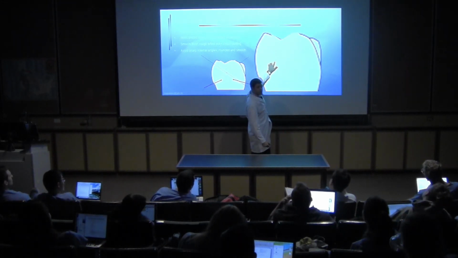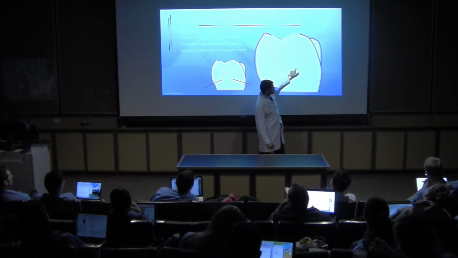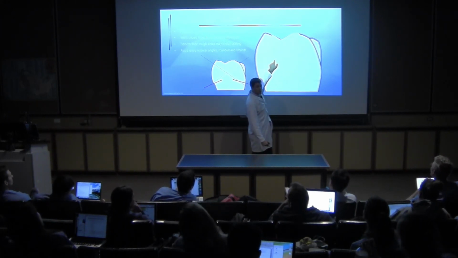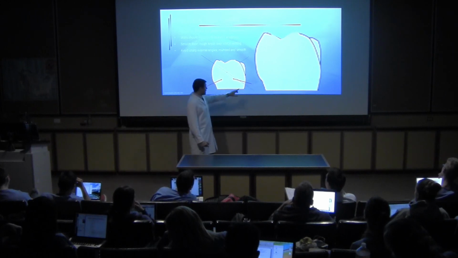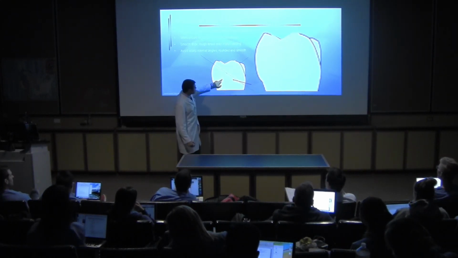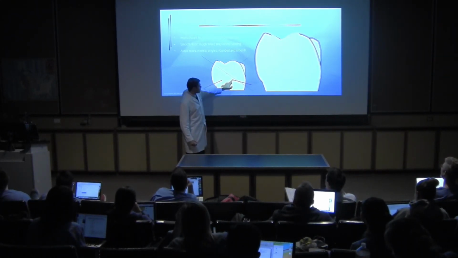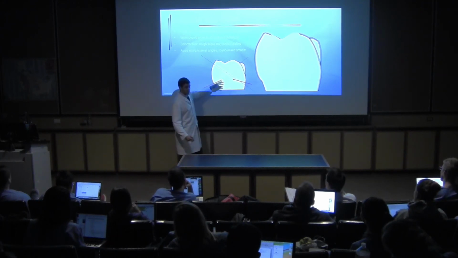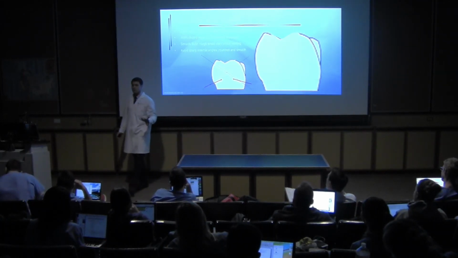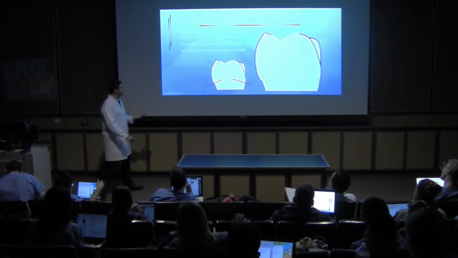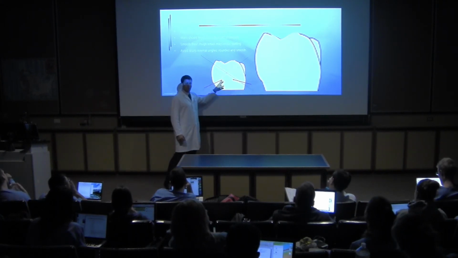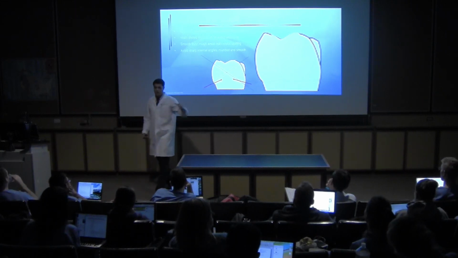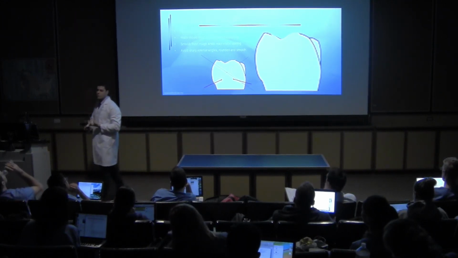It's rounded. It's the way it should be. Okay? And here we have sharp angles that we cannot have because of the stress concentration. You have stress concentration here and will not fit the restoration. It's difficult to fit with any stress concentration.